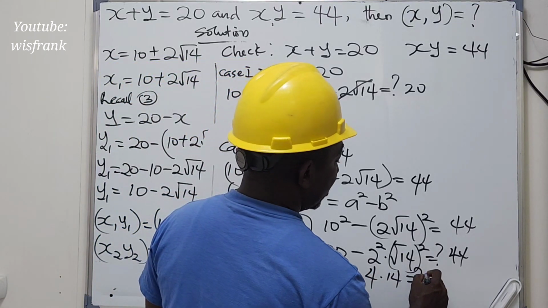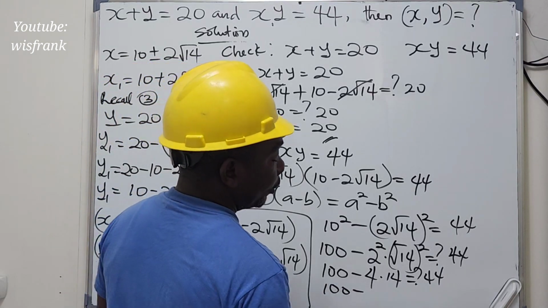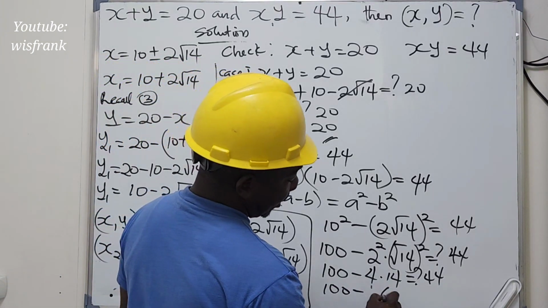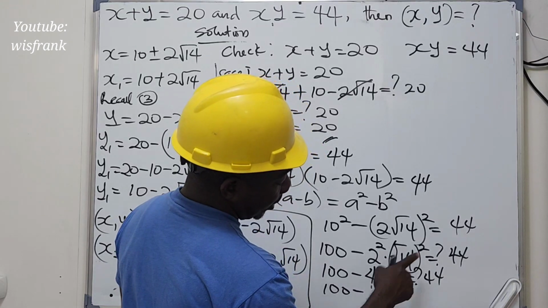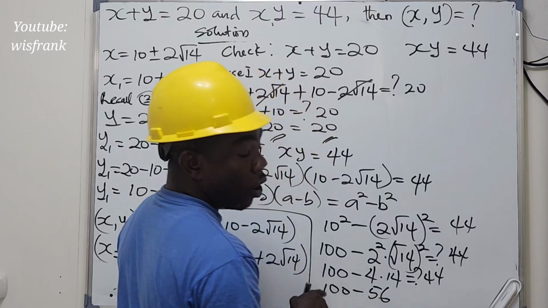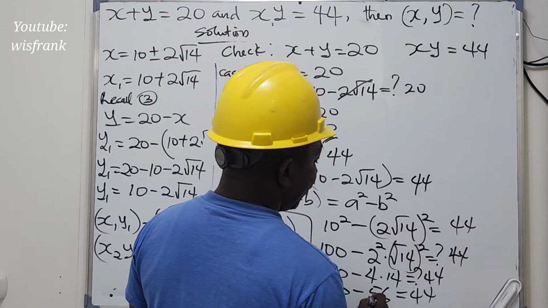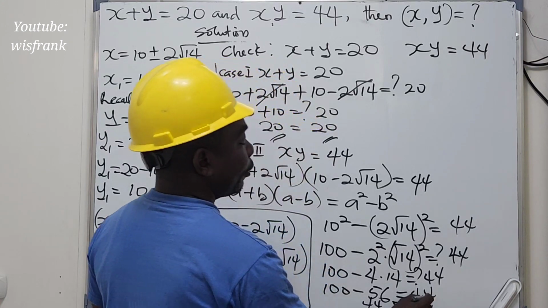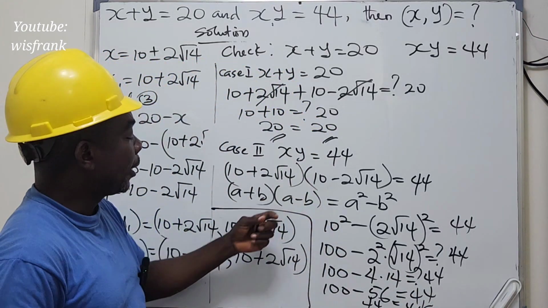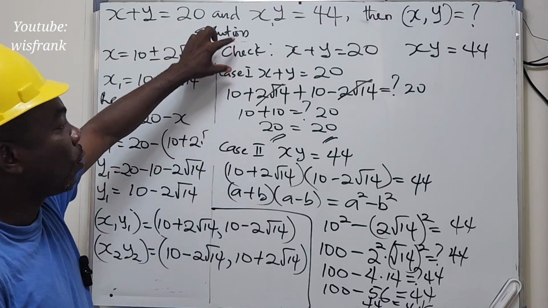So 100 minus 4 times 14, and 4 times 14 gives us 56. So 100 minus 56 equals 44. You can see that 44 equals 44. Therefore, what we have on the left hand side is what we have on the right hand side, so the first values of x and y satisfy all that we have here.